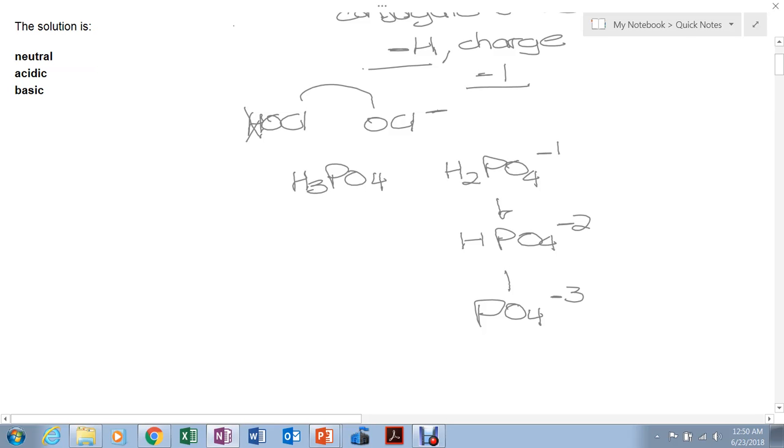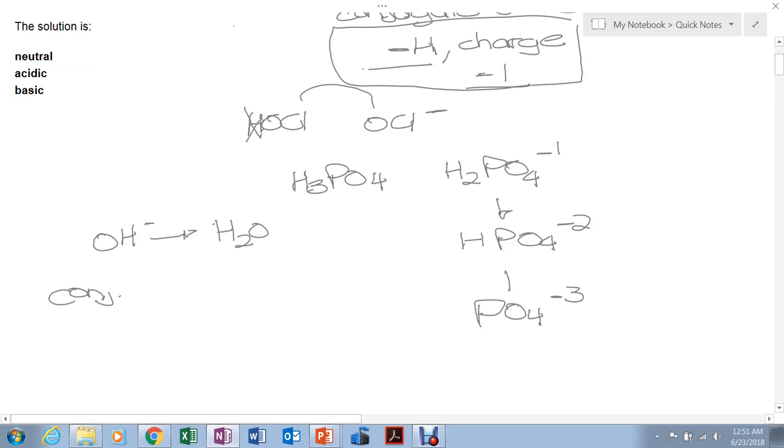Now with the bases, it's the opposite. If you got OH hydroxide, the conjugate acid of the base would be 1 hydrogen more and plus 1. So this is for the conjugate base of an acid, and for the conjugate acid of a base, it's plus 1 hydrogen.